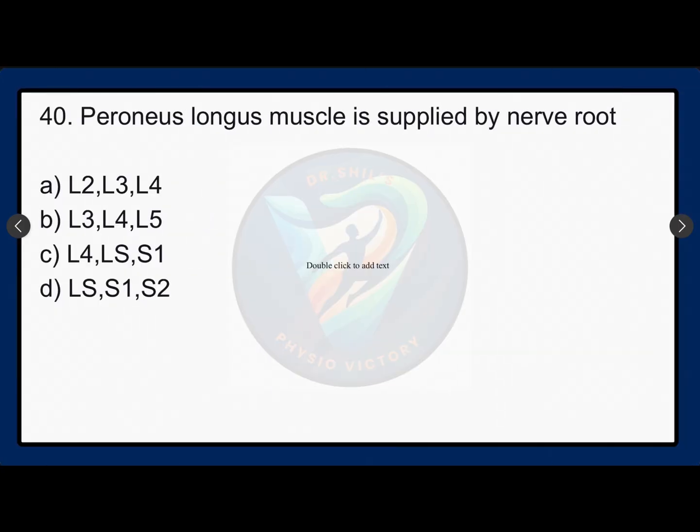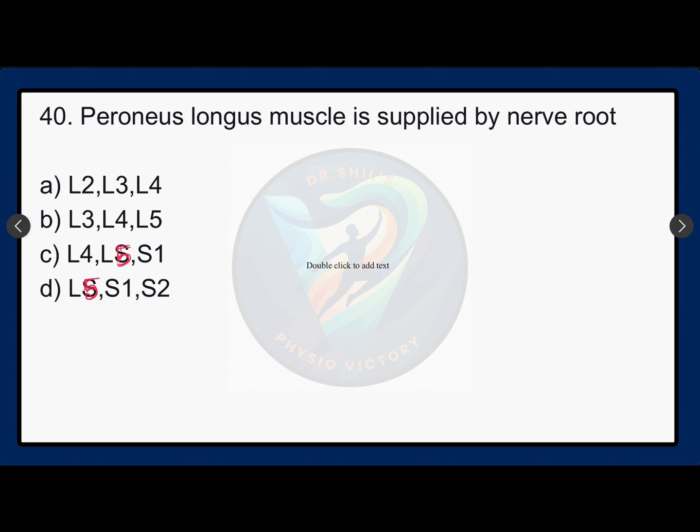Next, come to question number 40. Peroneus longus muscle is supplied by nerve root option A, L2, L3, L4, option B, L3, L4, L5, option C, L4, L5 and S1, and option D, L5, S1 and S2.